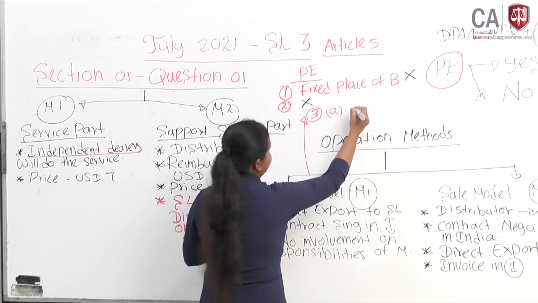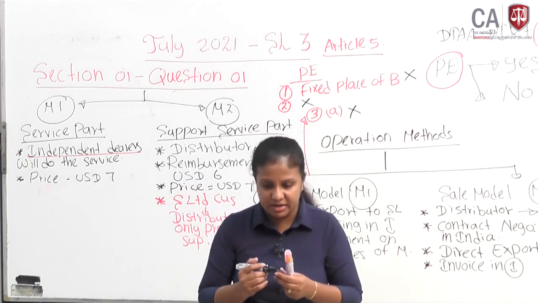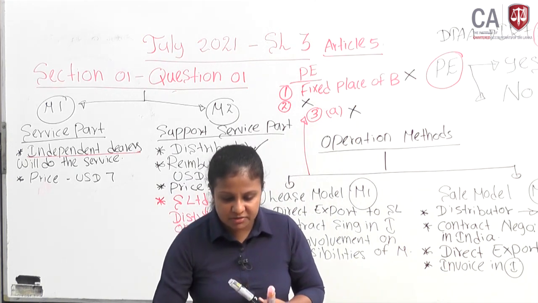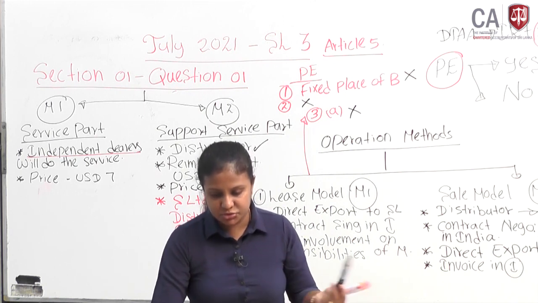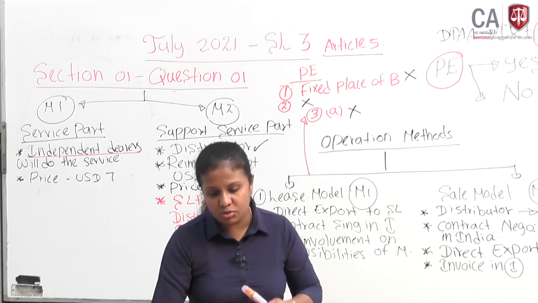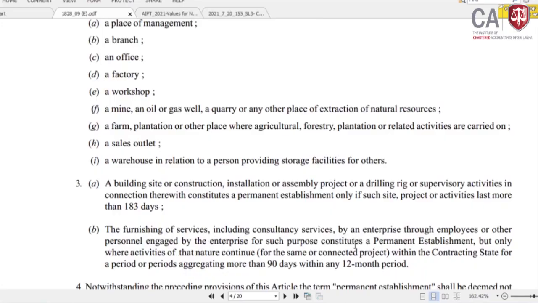No. Not satisfied. 3B: the furnishing of services including consultancy services by an enterprise through employees or other personnel engaged by the enterprise for such purpose constitutes a permanent establishment, but only where activities of that nature continue for the same or a connected project within the contracting state for a period or periods aggregating more than 90 days.